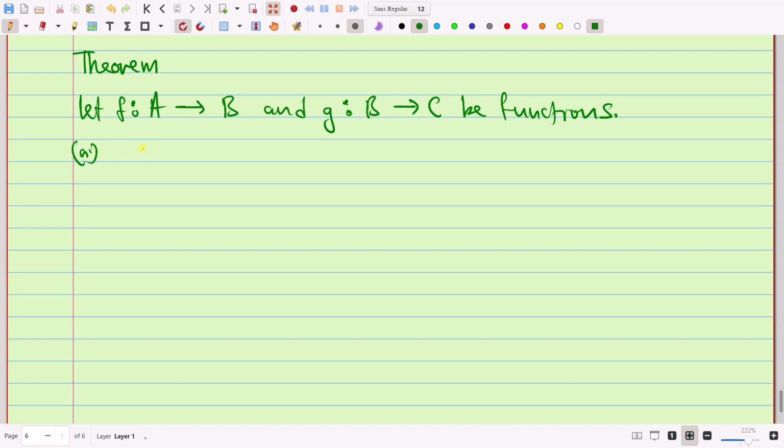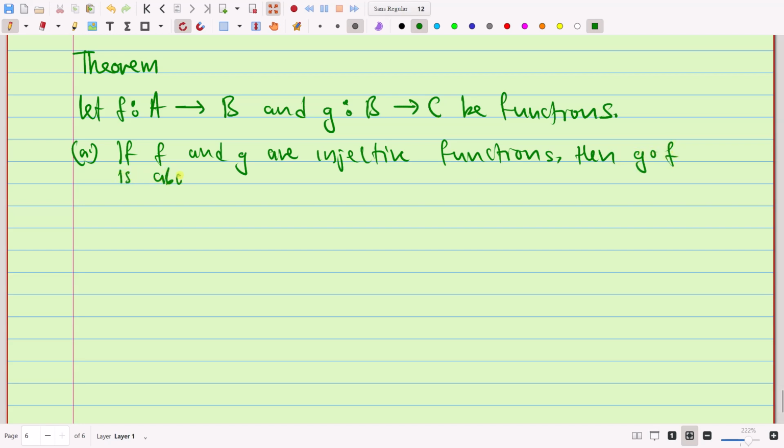Let's suppose f and g are functions like that. Then the following conditions hold true. If f and g are injective functions, then the composition of them, which is g o f, is also injective.